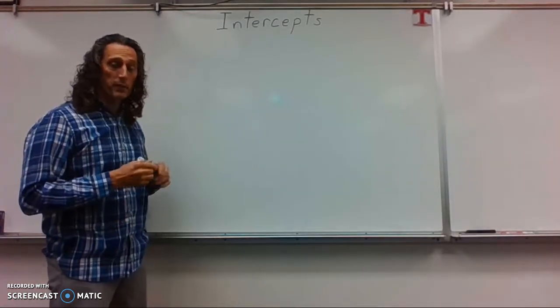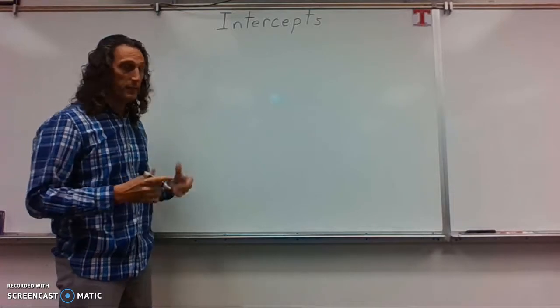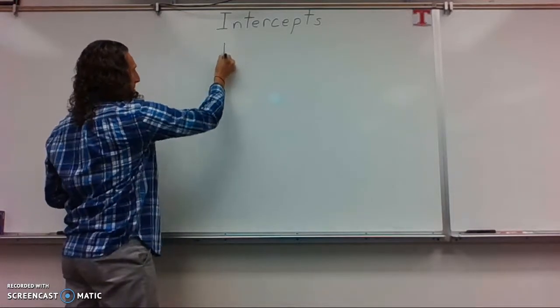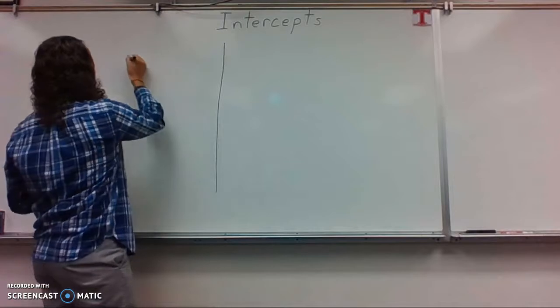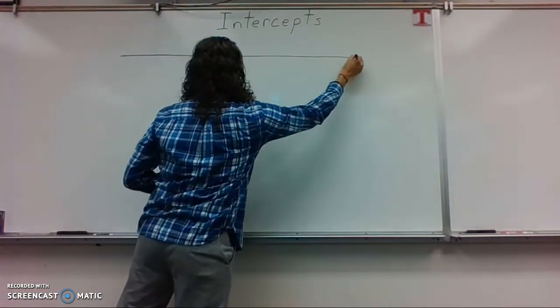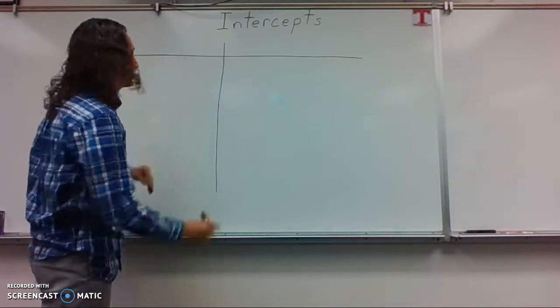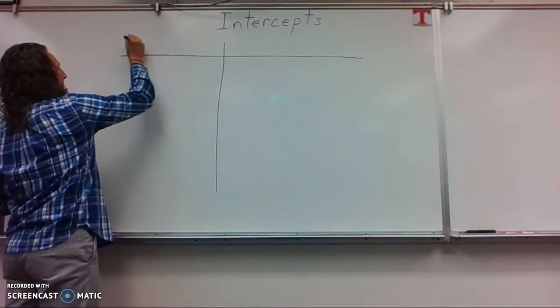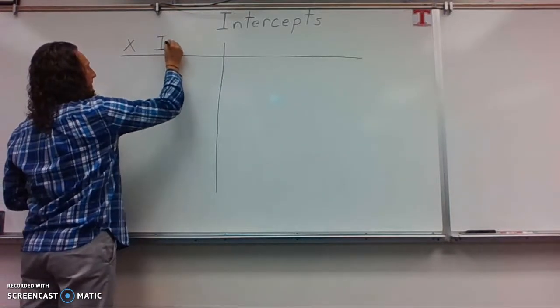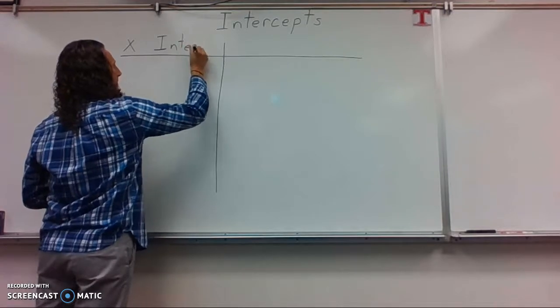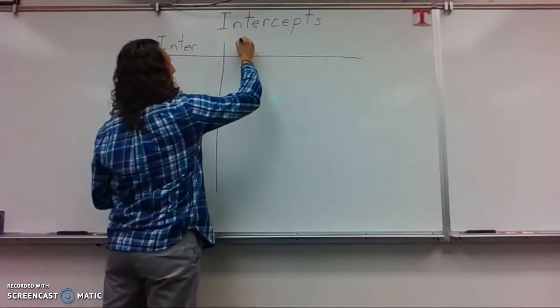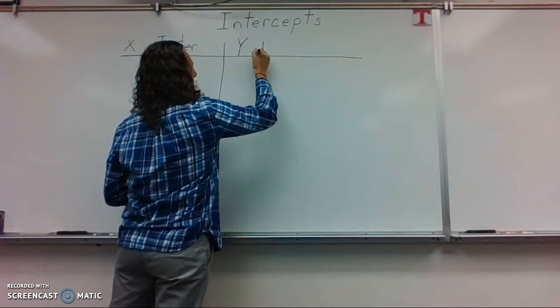All right, so getting back to intercepts, I'm just going to basically divide this. Make sure you do this on your paper also. And we're going to talk about x-intercepts. I'm just going to abbreviate it. And y-intercepts.